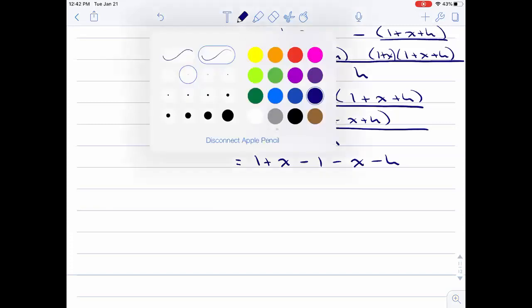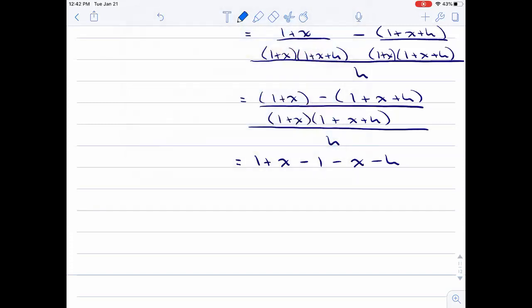And the reason, just to write it over here, is that if you talk about it in terms of a plus b over a, you can't cancel out the a's. You're allowed to rewrite it as a over a plus b over a, which is 1 plus b over a, but that 1 plus x, which is our a in this case, would still be hanging around. So that's why.